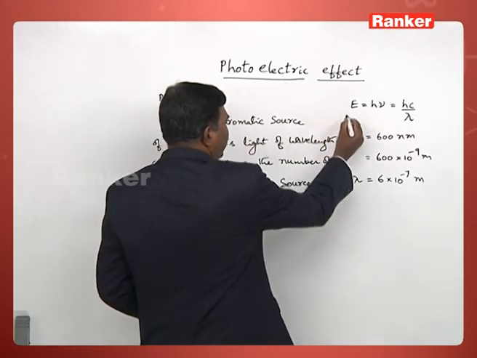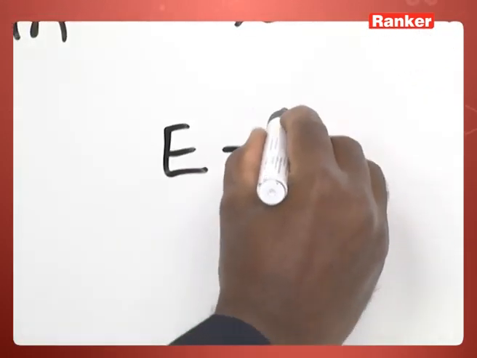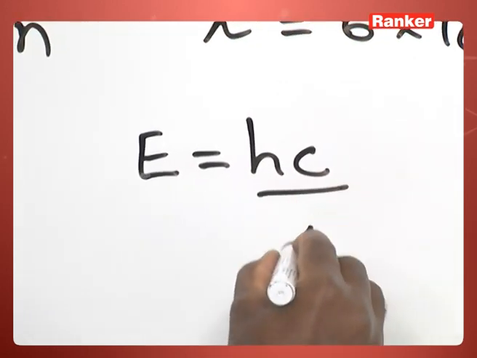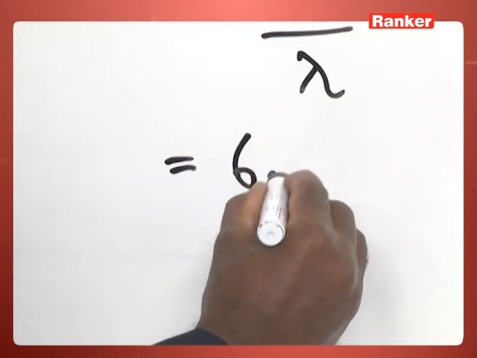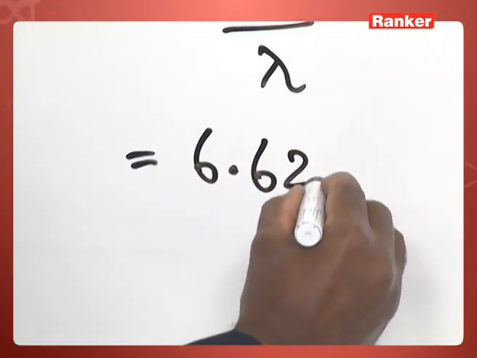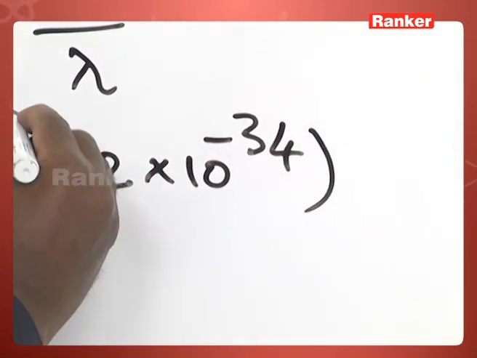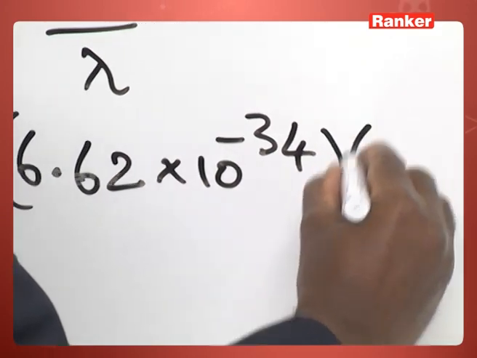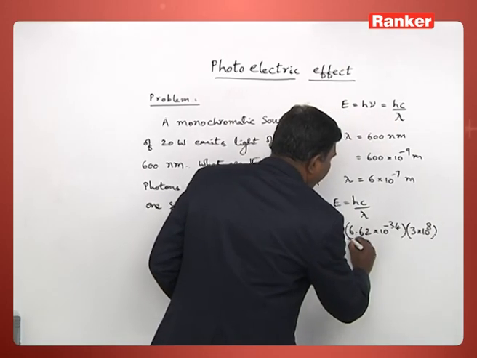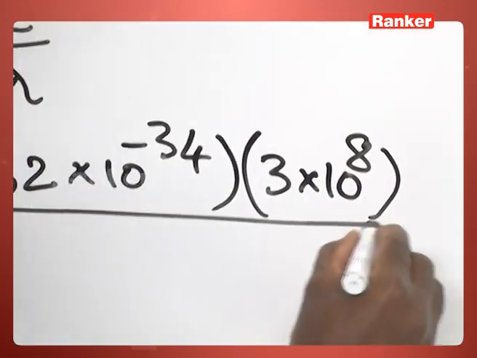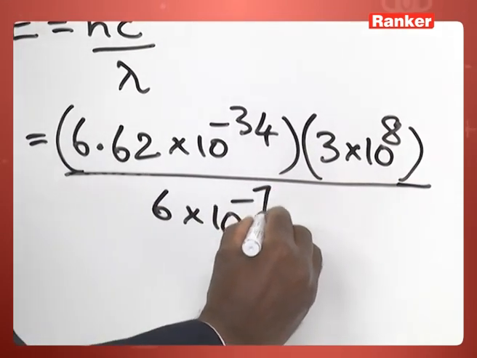Now, using that, we can calculate the energy of each photon as hc by lambda. We will substitute the values of these constants. Planck's constant value 6.62 into 10 power minus 34 joule second multiplied by c, the velocity of light, as 3 into 10 power 8 meters per second, divided by the lambda value as 6 into 10 power minus 7 meters.